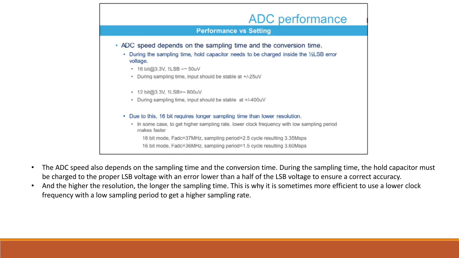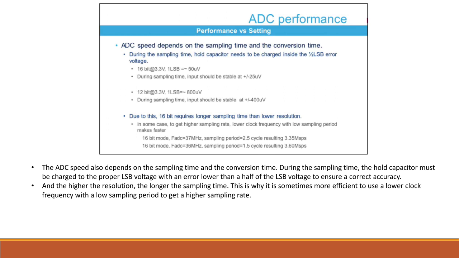Due to this, 16-bit requires longer sampling time than lower resolution. In some cases, to get a higher sampling rate, a lower clock frequency with a low sampling period makes it faster. For example, in 16-bit mode, FADC equal to 37 MHz, sampling period equal to 2.5 cycles, results in 3.35 MSPS.